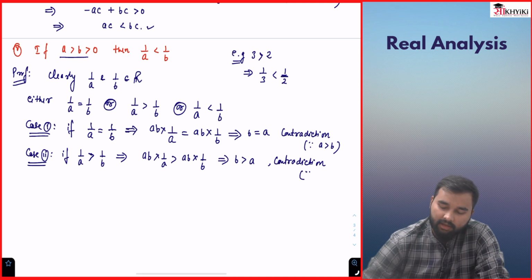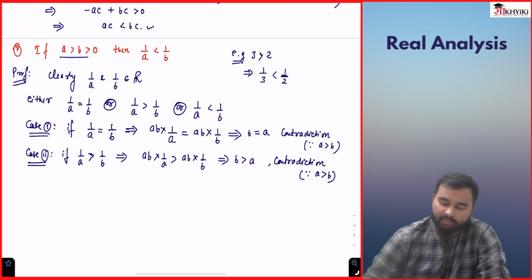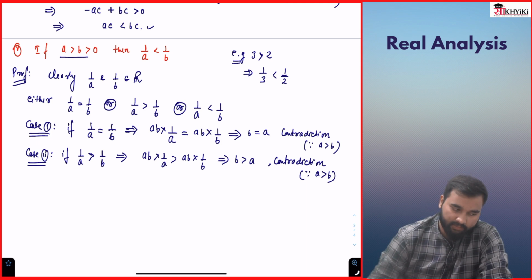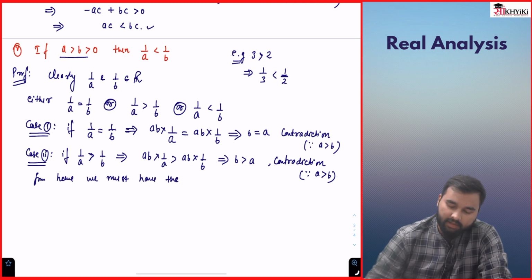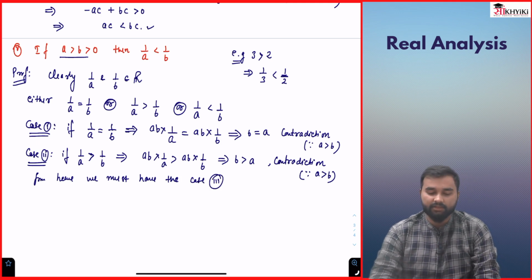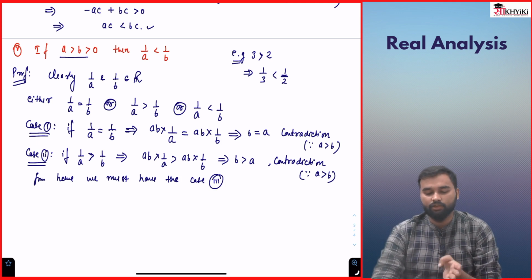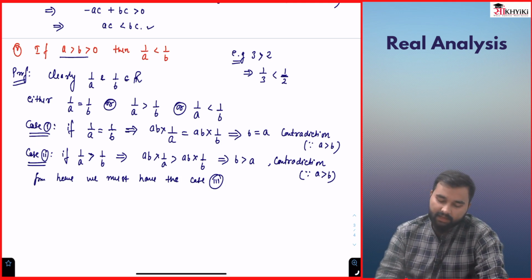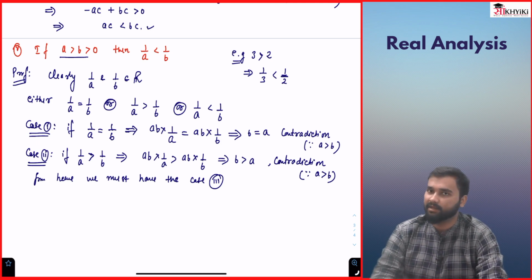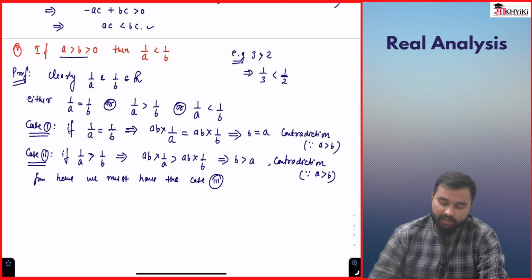Since given that A is greater than B, from here we must have the case third. हमने क्या किया, केस फर्स्ट which says कि दोनों इक्वल होंगे, उसको रिमूव कर दिया, and case second which says that 1 by A is greater than 1 by B, तो हमने इसको भी रिमूव कर दिया, राइट?